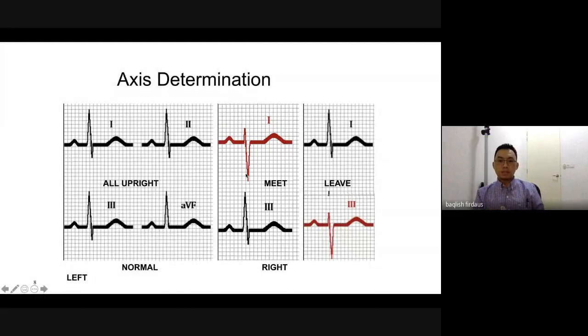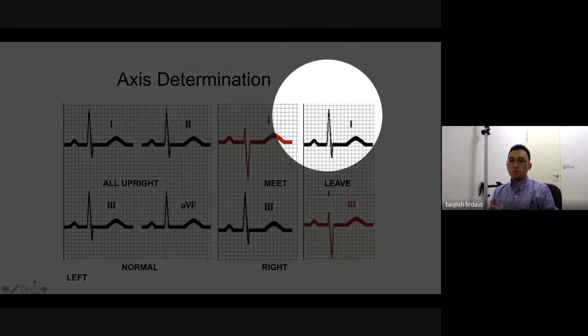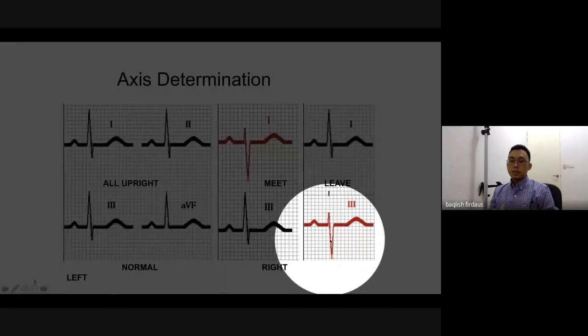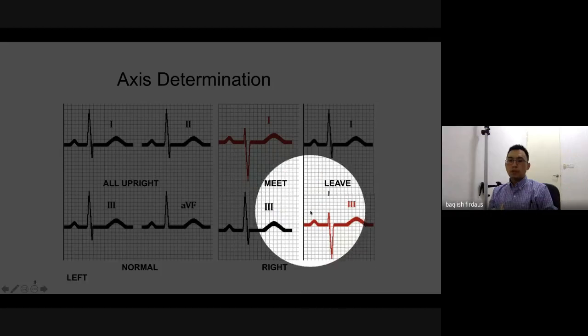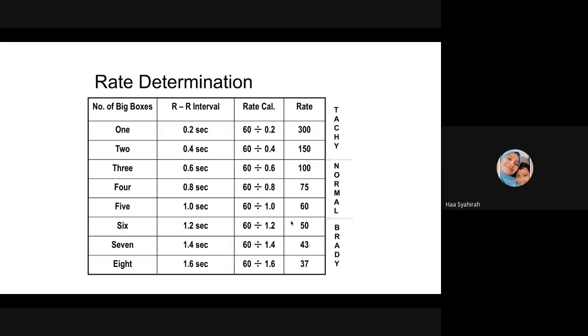Then in left axis deviation, the lead 1 R wave will be very positive, and the S wave in lead 3 will be very negative. Any questions on this part?